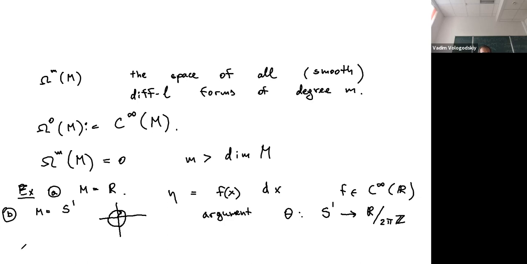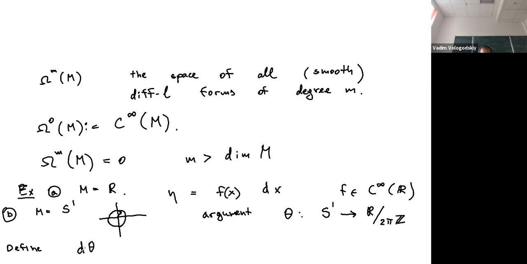And so I want to define a differential form, which I will call d theta. Well, a basic example of a one form is the derivative or differential of a function, right?